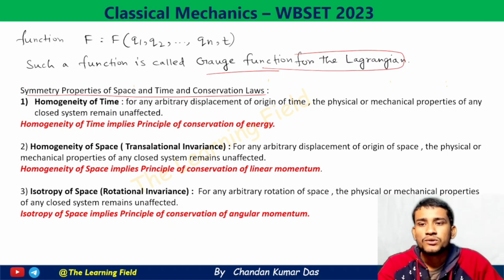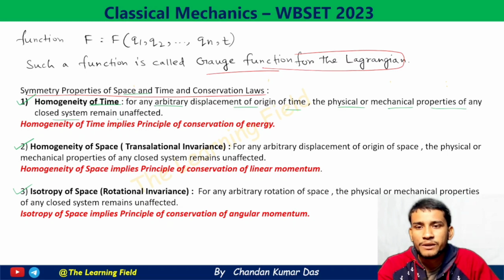There are three types of properties of space and time. One is homogeneity of time, second is homogeneity of space, and third is isotropy of space, okay. So for any arbitrary displacement of origin of time, the physical or mechanical properties of any closed system remain unaffected. So this is the first symmetry property, which is homogeneity of time.